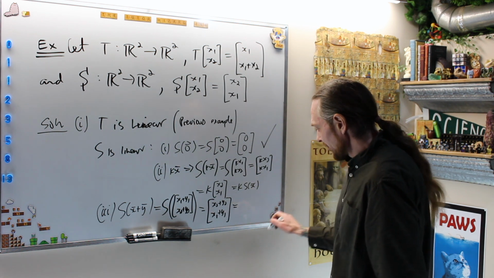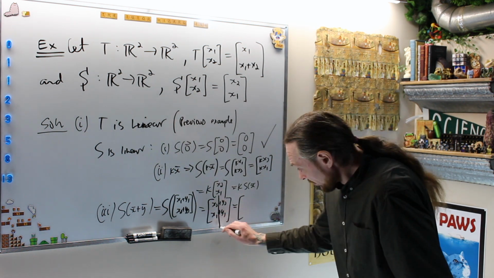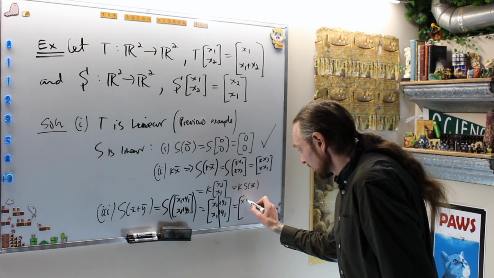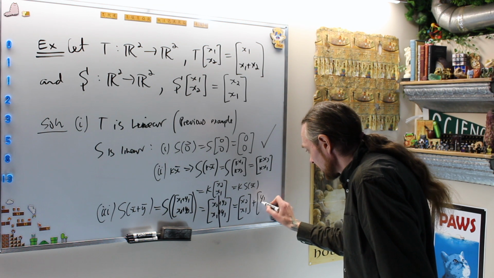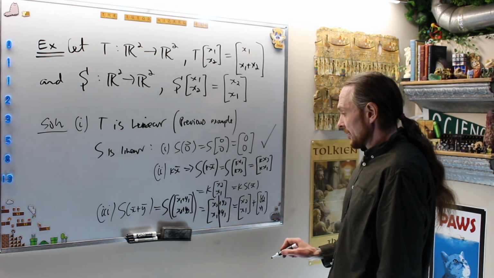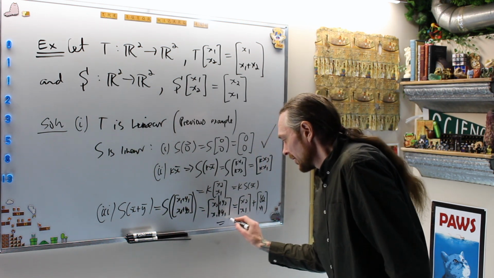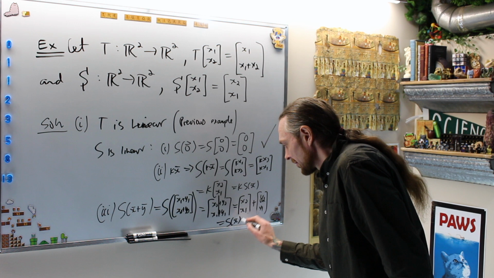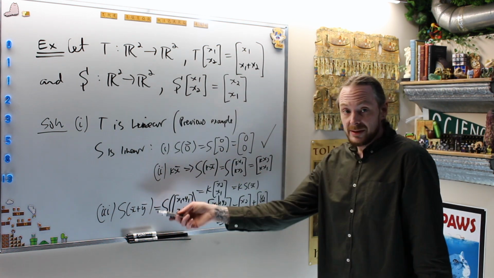I'm running out of real estate. This is vectors. I can add them in reverse. So this is x2, x1 plus y2, y1. I can fit it in. This is equal to S of x plus S of y. 0 goes to 0, it spits out scalars, it splits sums.